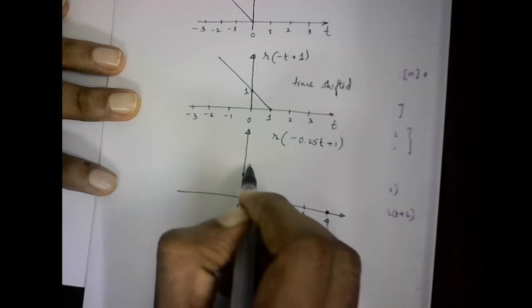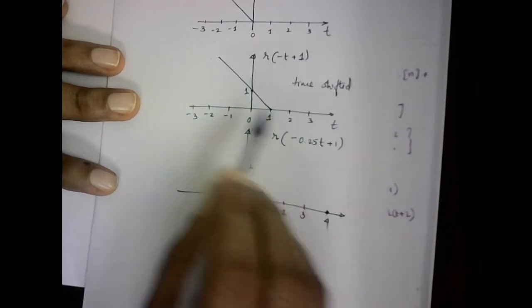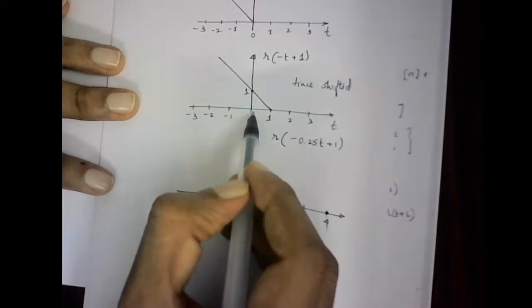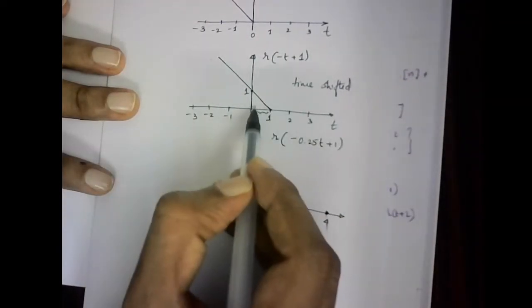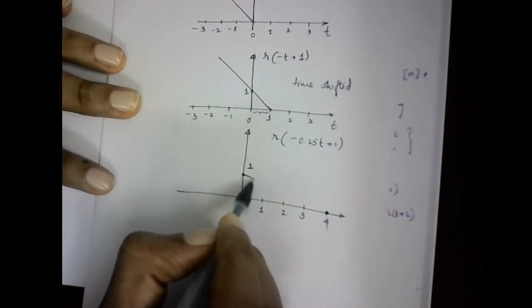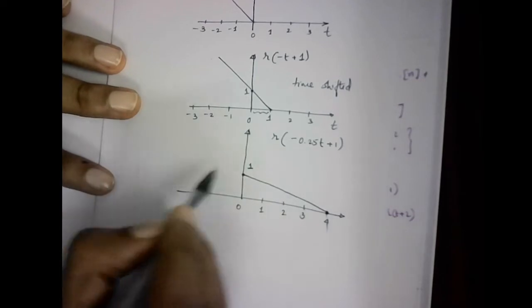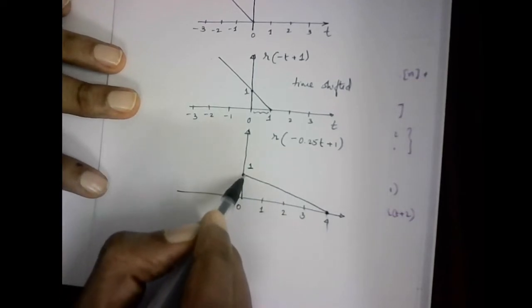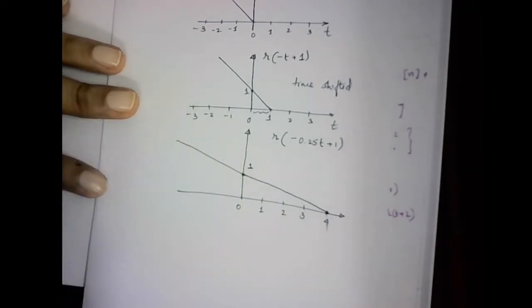Okay, so this is 1, and this much portion is expanded for 4 seconds now. So you will obtain something like this, and it will continue like this.